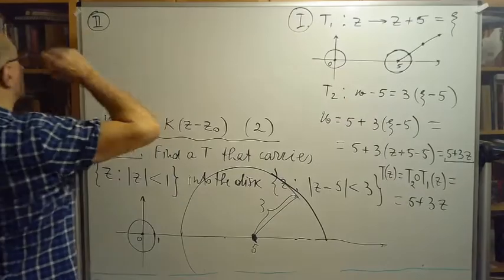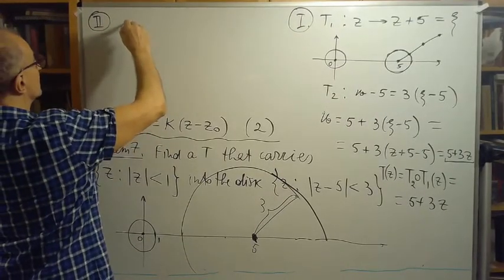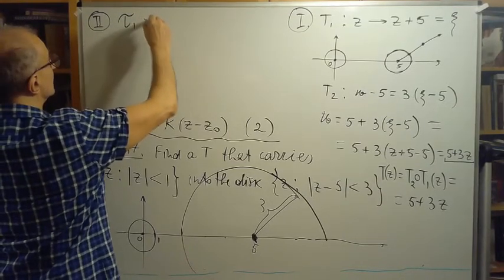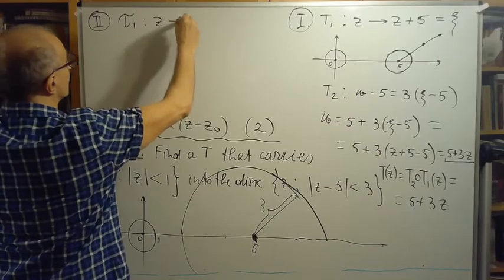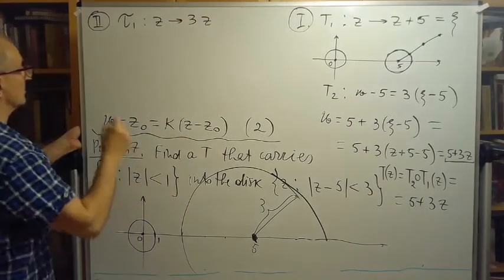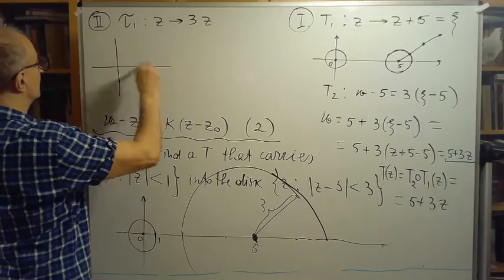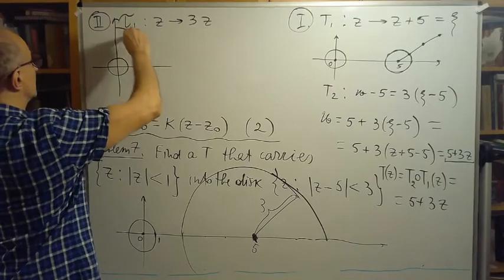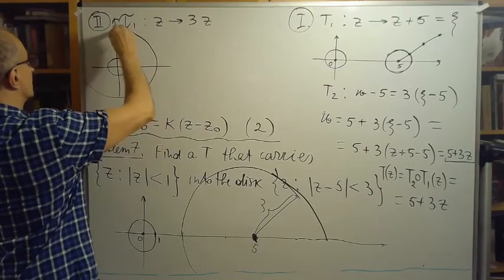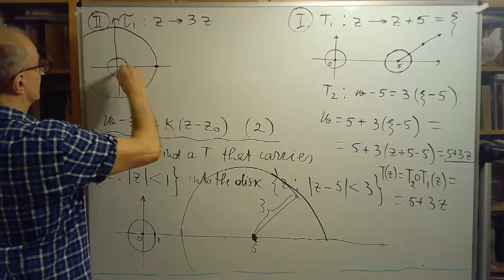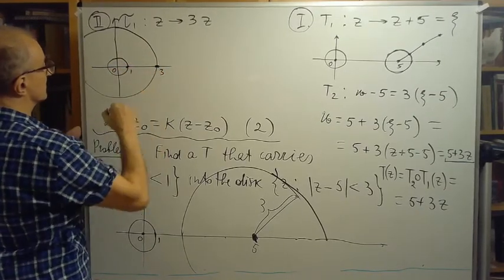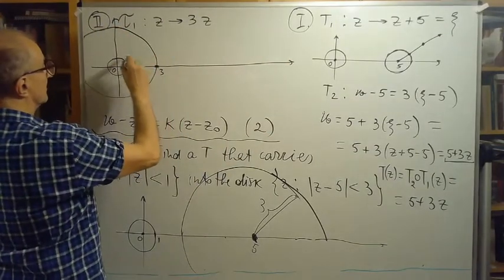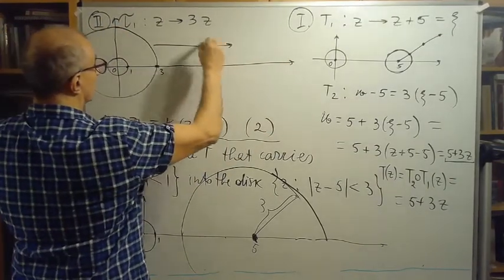The second method. We could perform a transformation, I call it tau 1, not to confuse, that moves Z into 3Z, so the homothety goes first. This way, instead of this small circle of radius 1, we will first obtain a big circle of radius 3. So this is 1, this is the origin, this is 3. And then, in the next operation, we will move this circle 5 units to the right.